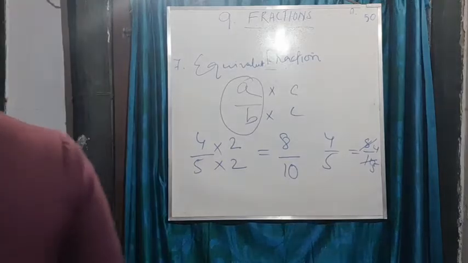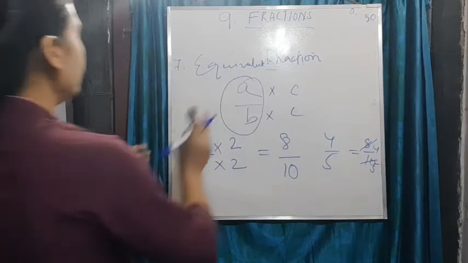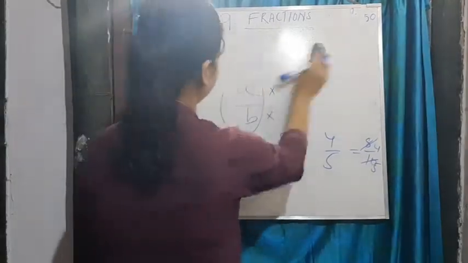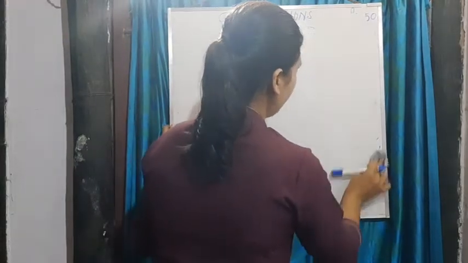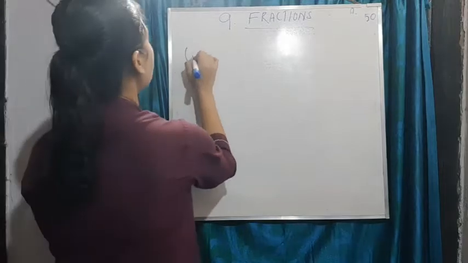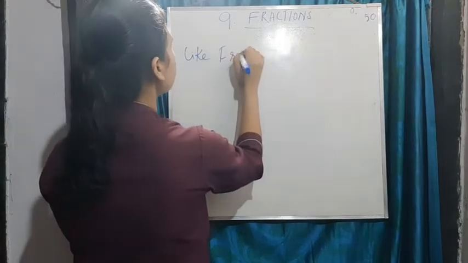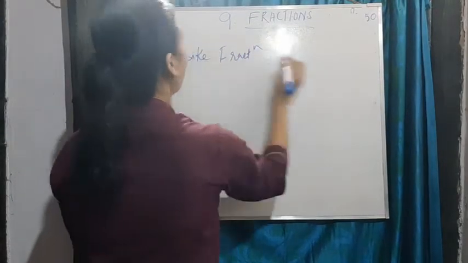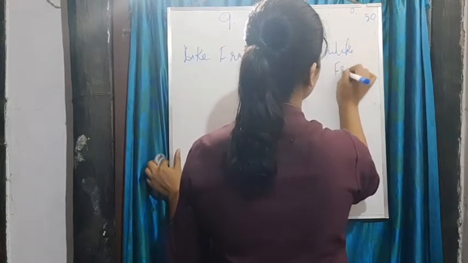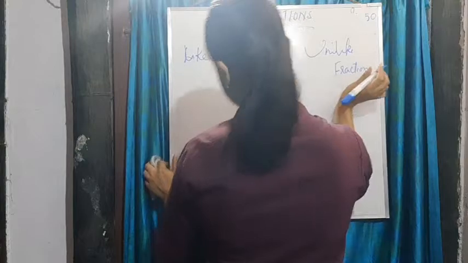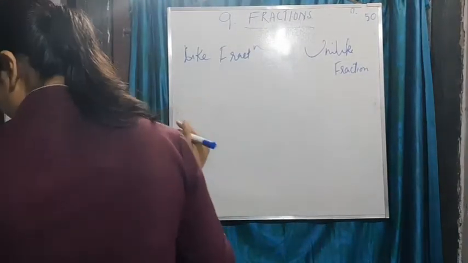Now, the next type is like fraction and unlike fraction. These two are vice versa of each other. Let me give an example.